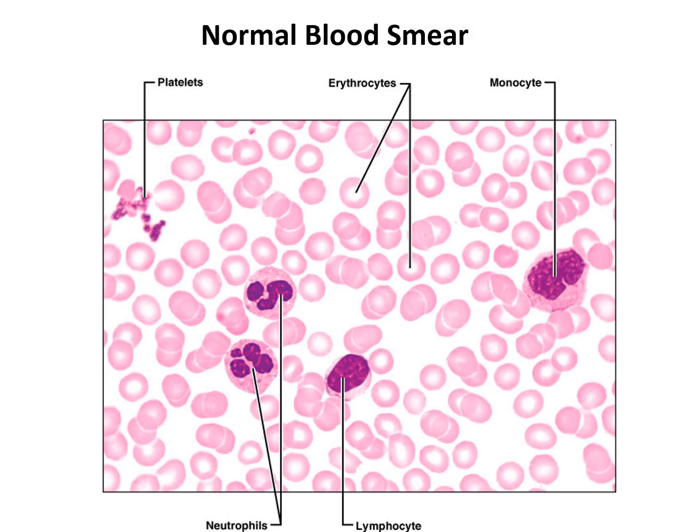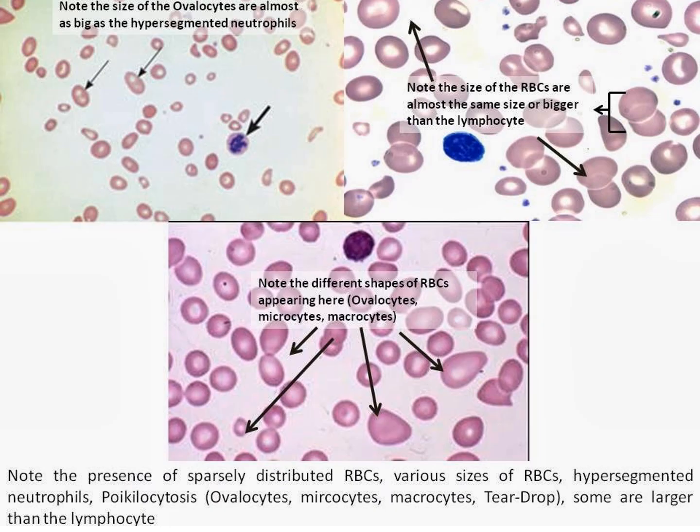This is a typical blood smear of a normal person. You notice the RBCs, which are round, uniform in size, and relatively small compared to the neutrophils, the lymphocytes and the monocytes. Contrast this with what happens in megaloblastic anemia. Here is an RBC compared to a neutrophil. Obviously, this is a much larger RBC.